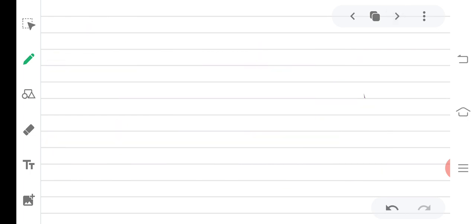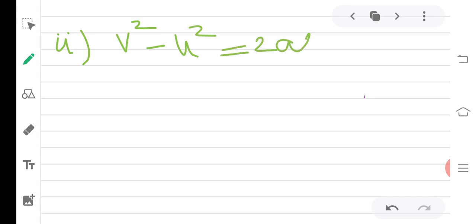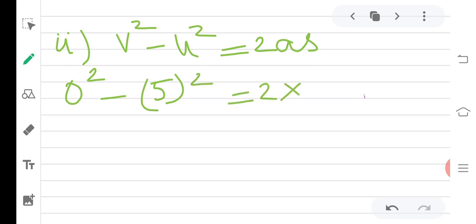Next you have to find out the height or the distance traveled. For that we can use the third formula, v square minus u square is equal to 2as. Or else if you know the time, you can use the other two equations also, which relate distance. So here v is equal to 0, so 0 square minus u, which is 5 square, is equal to 2 into minus 10 into s.